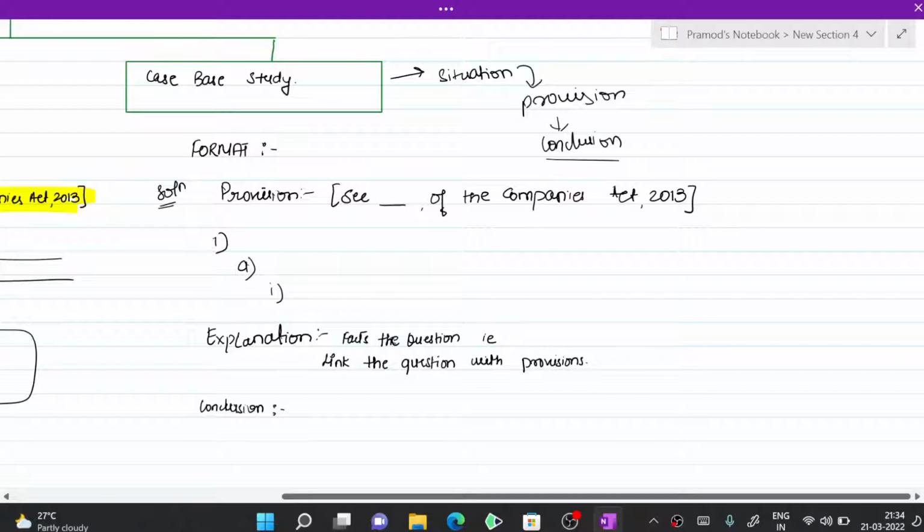There is a situation, it may be on any section of your company law or any section of Indian Contract Act, right? For that, we have to apply the provisions mentioned in the act, and we have to arrive at a conclusion. Now, how to present this question?